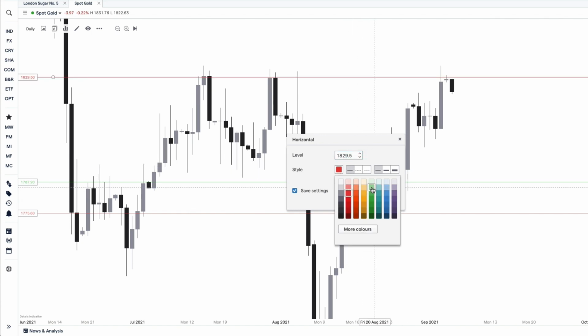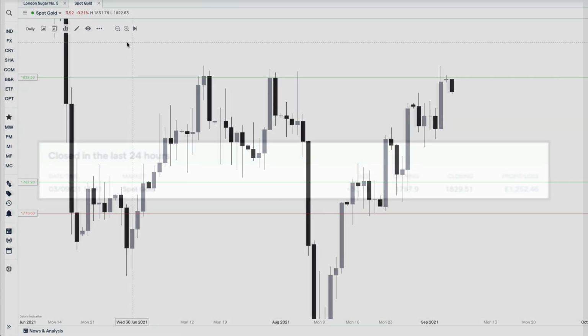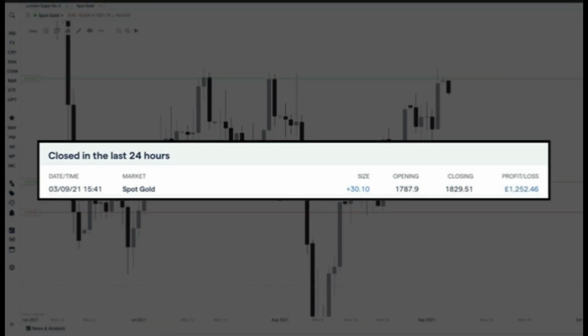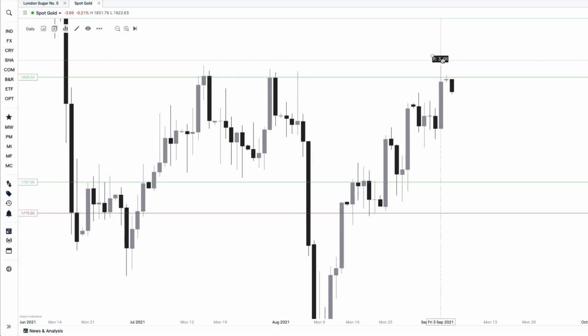For a total of 3.4R, so just slightly above. So that's the target hit for £1,252 and 46 pence added to the bank balance, and 3.4R in the bag. So again, we risked 1 to make 3.4 back. Really, really solid. Anyway, hopefully you enjoyed taking a look inside the strategy today.